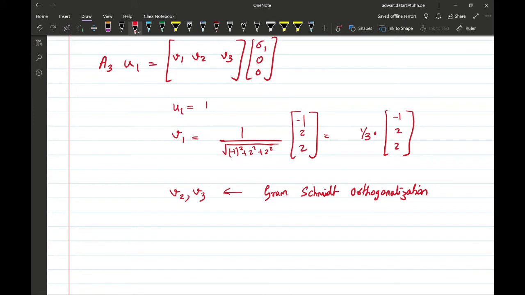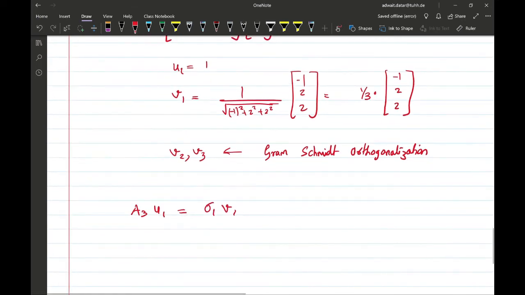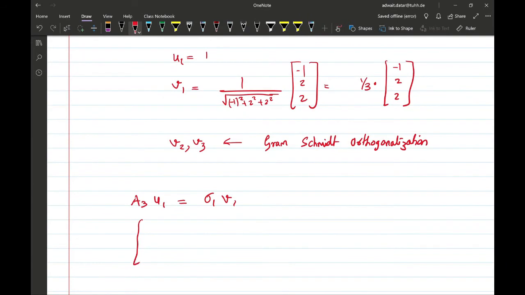So for this, let's write down the first equation, which is A3 u1 equals sigma 1 v1, which is nothing but (-1, 2, 2) times 1 is equal to sigma 1 times v1. v1 is nothing but 1/3 times (-1, 2, 2).